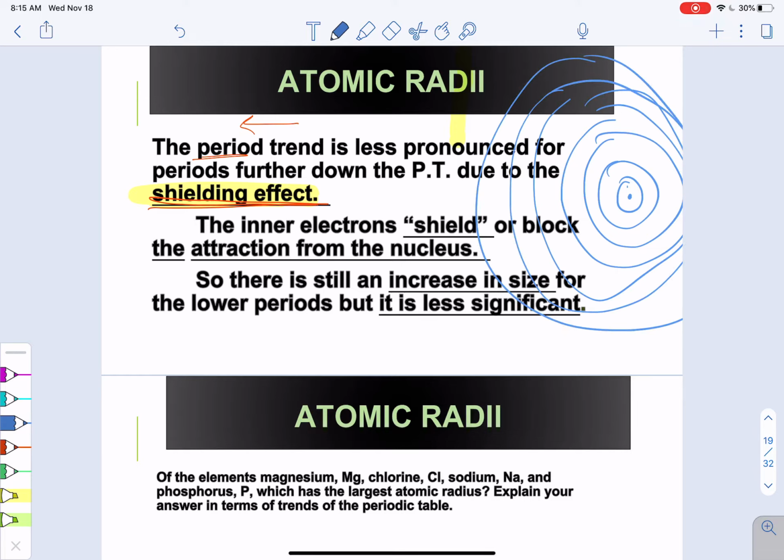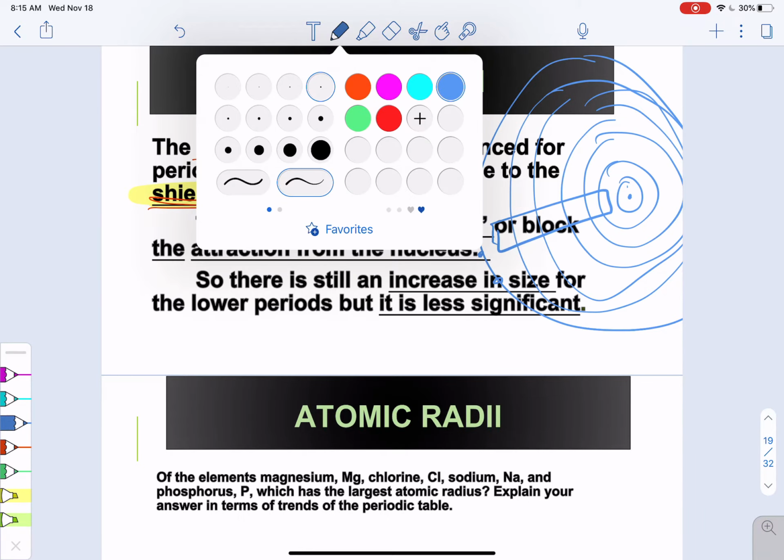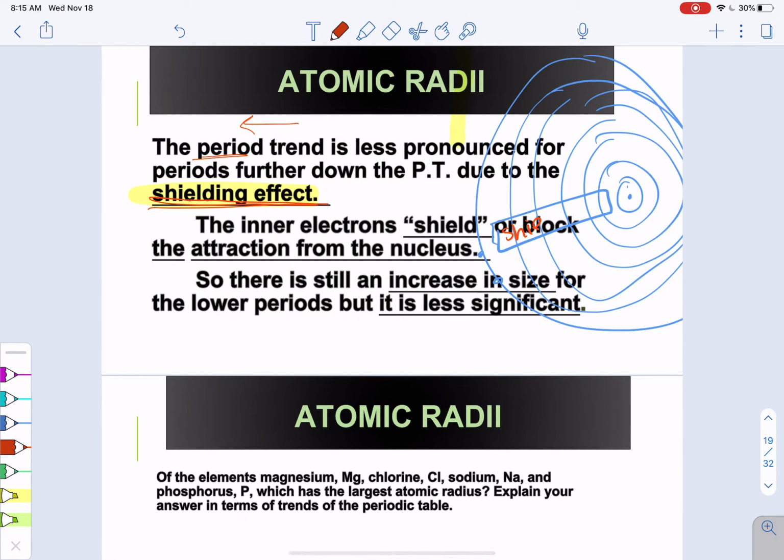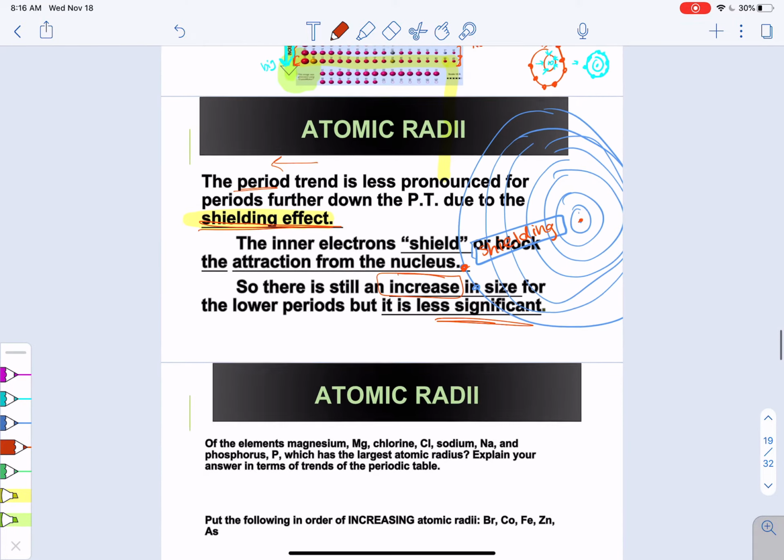We are so far out that these valence electrons at the outside have all of these other electrons shielding. So all of these other electrons are shielding the nucleus and the outer electrons from each other. So that is why their increase in size is less significant. It still increases, but it just doesn't increase quite as drastically because of this shielding effect.